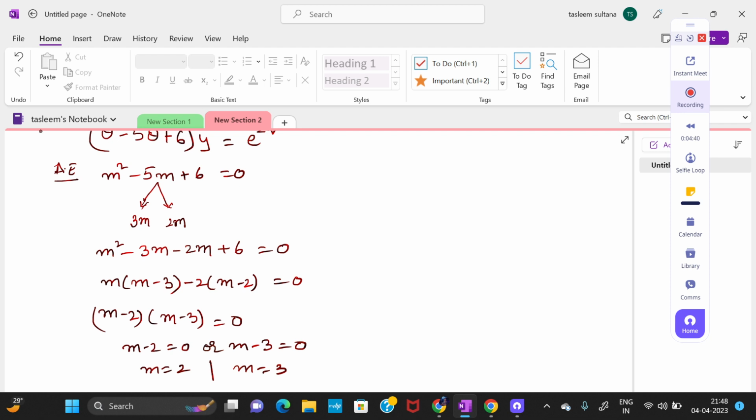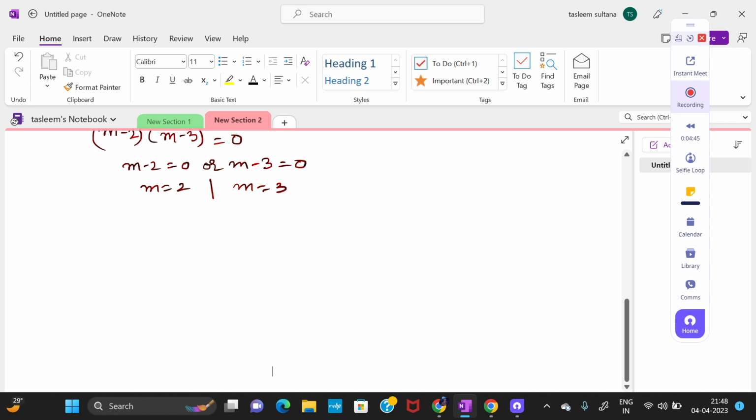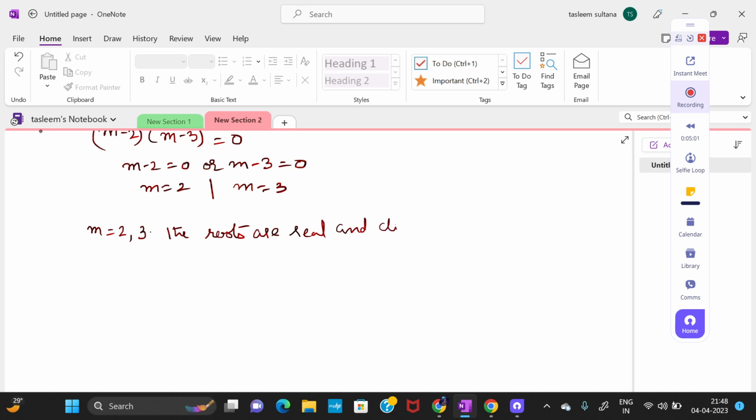So the roots, the m values, are 2 comma 3. The roots are real and distinct, where the complementary function y suffix c is equal to c1 e to the power of m1 into z.